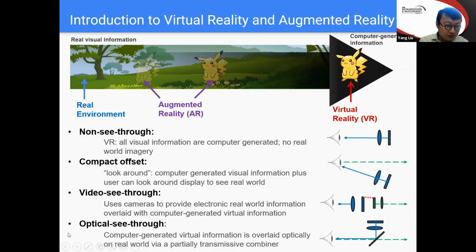And the last approach is called the optical see-through approach, where you have a half-transparent mirror called a combiner that combines the digital information being projected to you as well as the real world. So a Microsoft HoloLens is an example of an optical see-through AR headset.